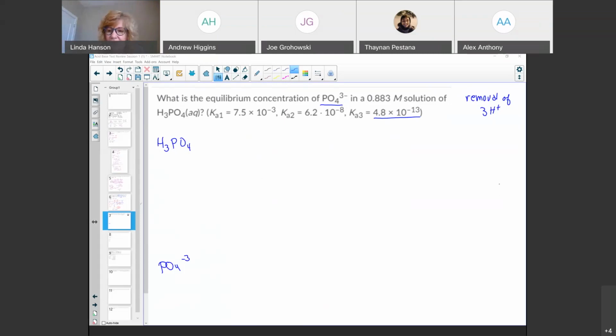How do you feel about solving for this type of problem? Do you want to see that worked out, or was the previous example enough? What do you think? Anyone want to see this one, or should we go on?